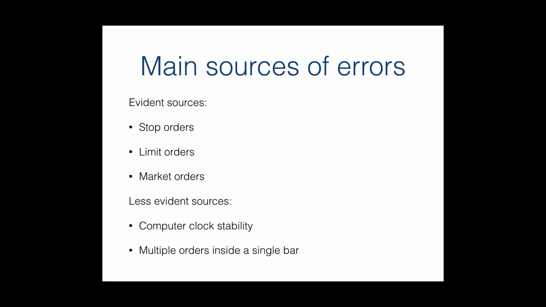As to less obvious sources of errors, we will discuss what may happen in case the system clock is not synchronized with the exchange, and perhaps the most important and yet very often overlooked error, an attempt to generate multiple orders in a single bar. Of course, this error is relevant only to software which operates bars as the minimal elements of price time series. But on the other hand, most of modern software does exactly this.